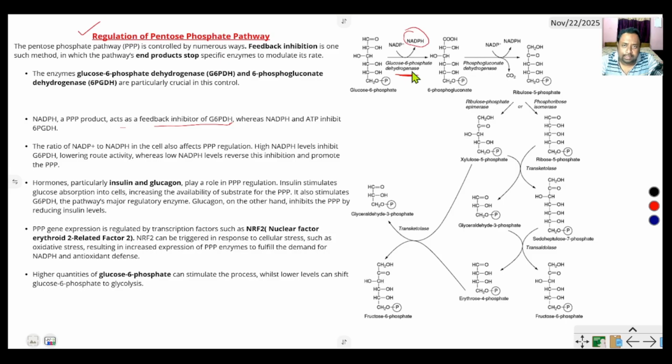This enzyme is activated when the NADPH level becomes low in the cell. Also, a high concentration of ATP inhibits glucose 6-phosphate dehydrogenase. The ratio of NADP plus and NADPH in the cell also affects PPP regulation. High NADPH level inhibits glucose 6-phosphate dehydrogenase.